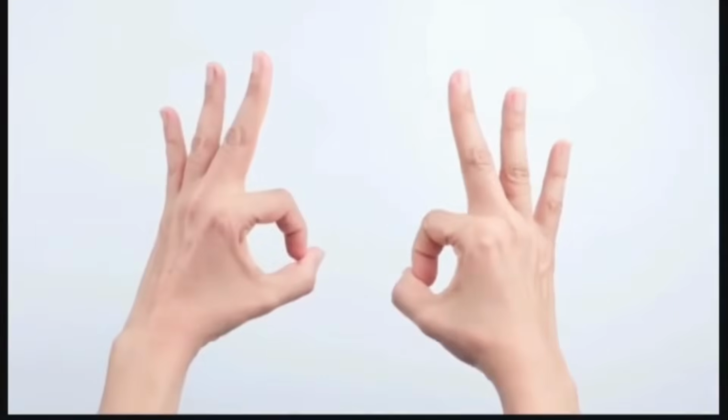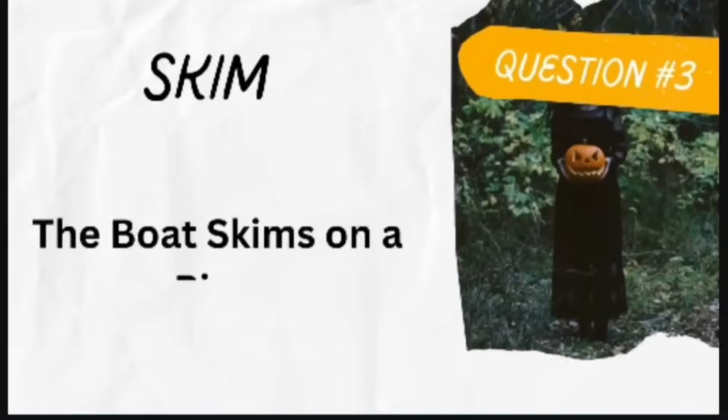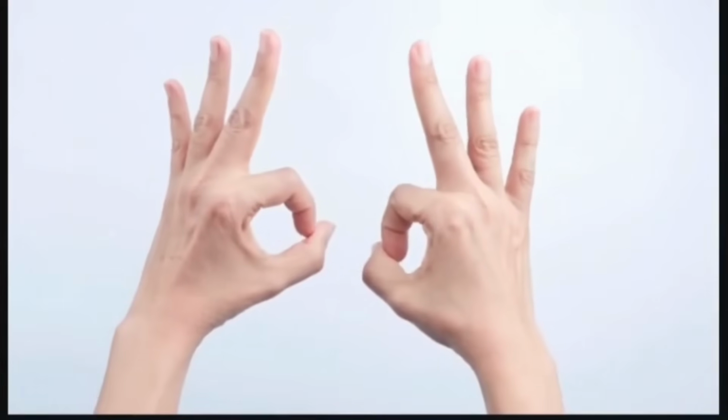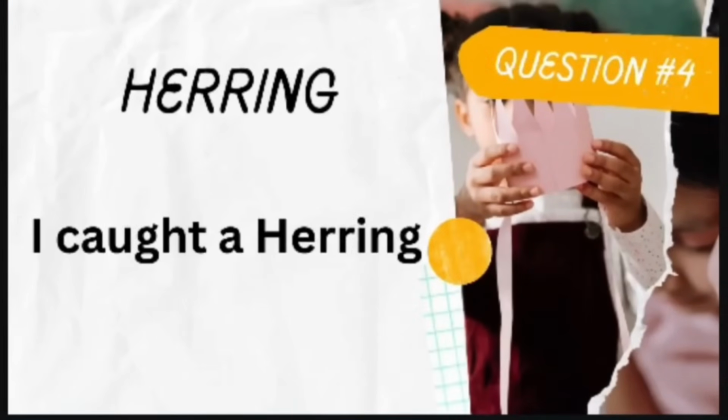Very good, Kiran. Right. Alekhya, tell me your sentence using the word skim. The boat skims on a river. Very good. Alekhya, keep it up. Ravi, could you please tell me your sentence using the word herring? I caught a herring. Very good, Ravi.